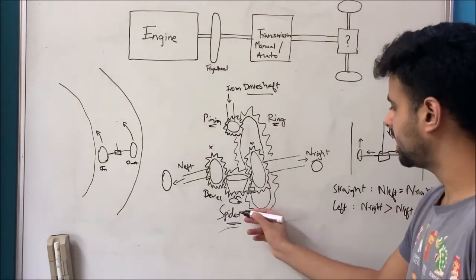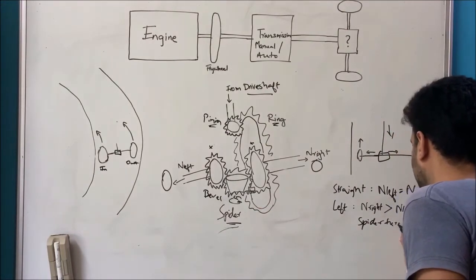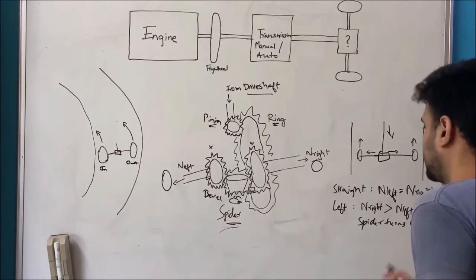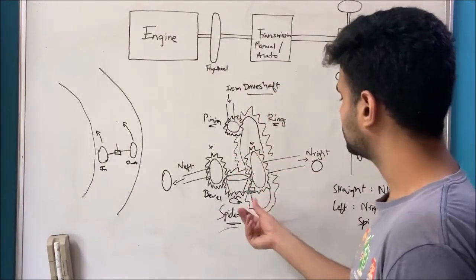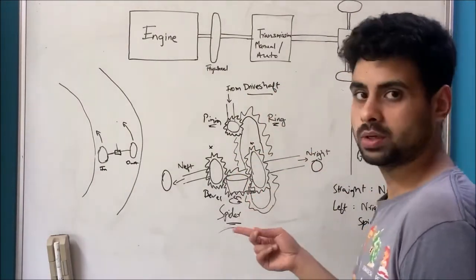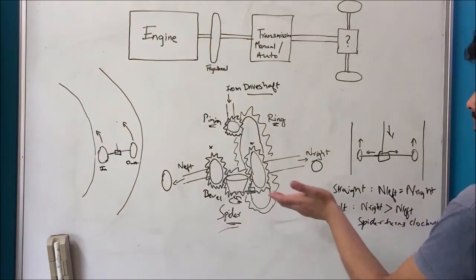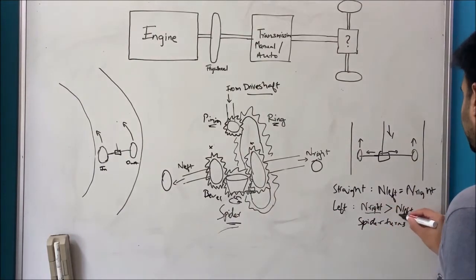For that, the spider gear turns clockwise as well. So while it is in mesh and transferring power, it is also turning clockwise. So clockwise spider plus in mesh gives us n right greater than n left.